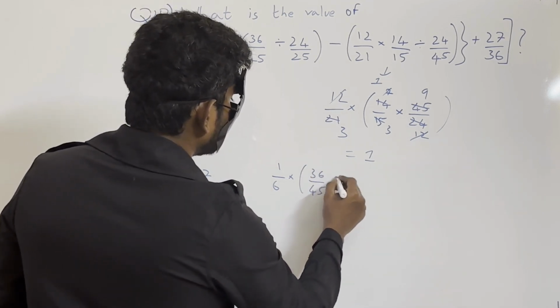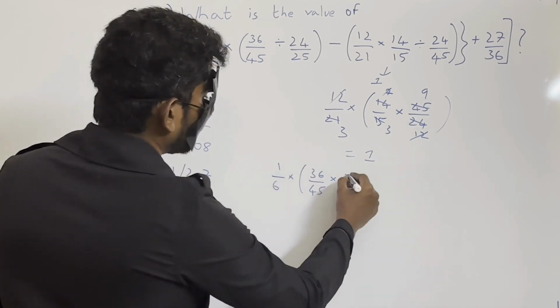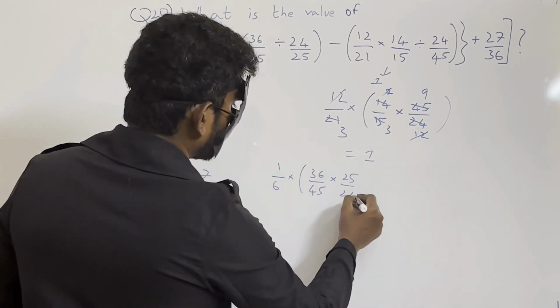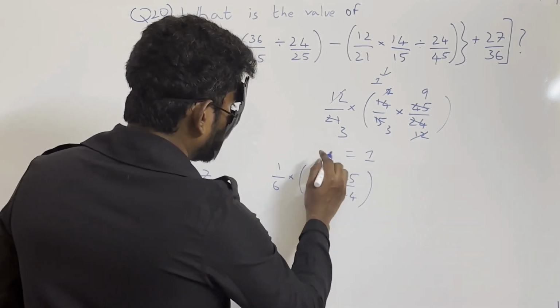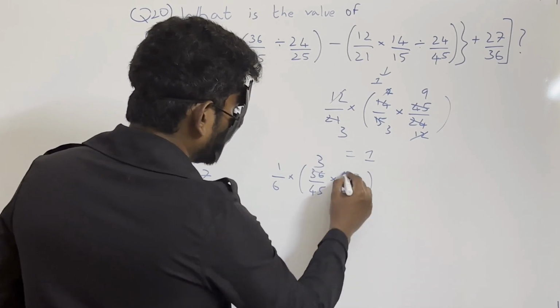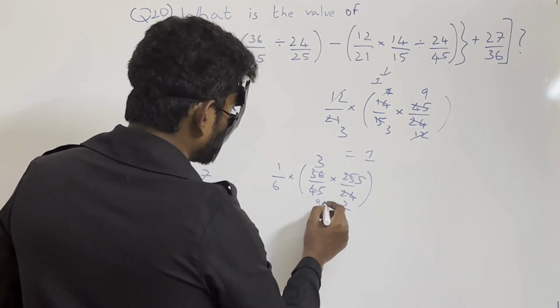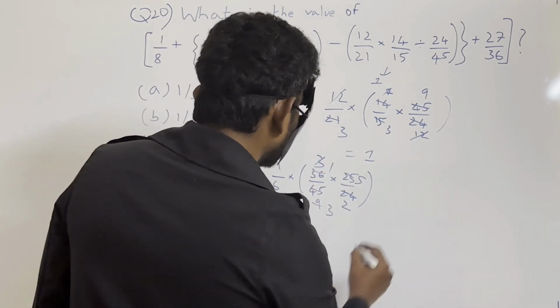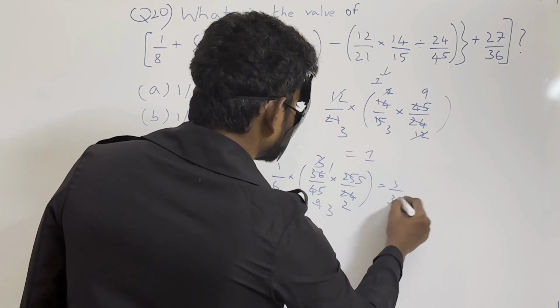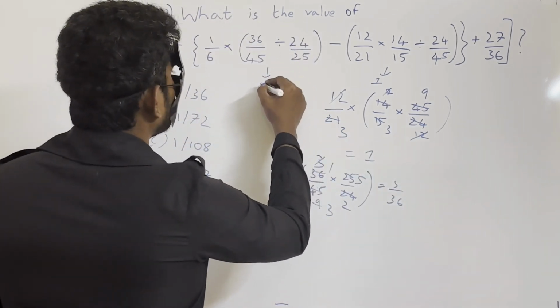Division means it will become the reciprocal of that, 25 by 24. So this is nothing but 9 4s, sorry, 12 3s are, 12 2s are, 5 5s are, 5 9s are, 3 1s are, 3 3s are, 5 by 36. This is nothing but 5 by 36.